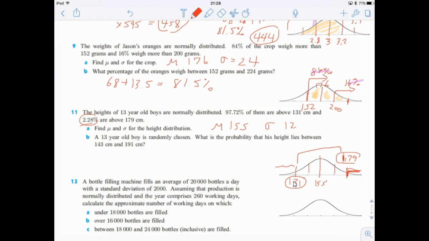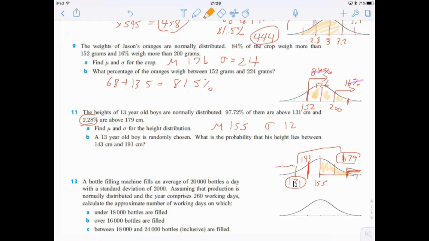A 13-year-old boy is randomly chosen. What is the probability that his height lies between 143 and 191? Okay. So 143 is right here. 191 is like one standard deviation more over here. So this area here is pretty much 50%, right?